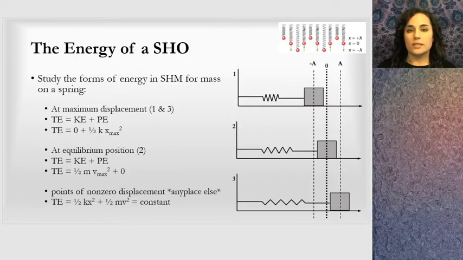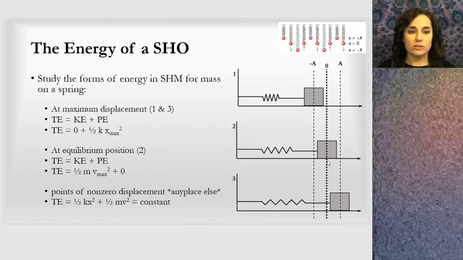So what I've done is I've kind of diagrammed for you the oscillation of a mass on a spring, and it goes back and forth from a negative amplitude to a positive amplitude. I've put the model up here for a spring that's vertical. You can see that also happening here. Notice that the equilibrium position has been marked on both of them, and there is a positive and negative amplitude.